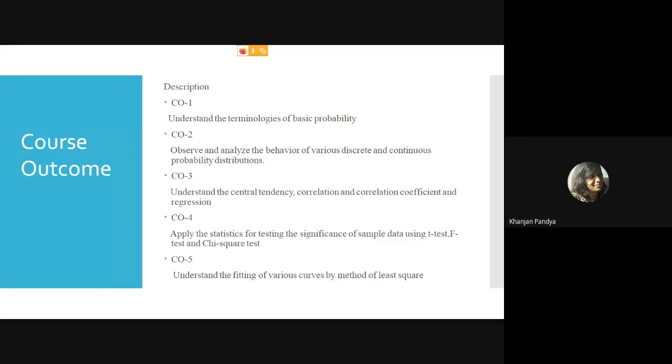For unit number 3, we are having CO3: understand the central tendency, correlation, correlation coefficient and regression. This is a very basic chapter. You just have to remember 3-4 formulas and you will cover this whole chapter. So I'll tell you what correlation is. Correlation is a thing in which one variable is affected by the change in another variable.